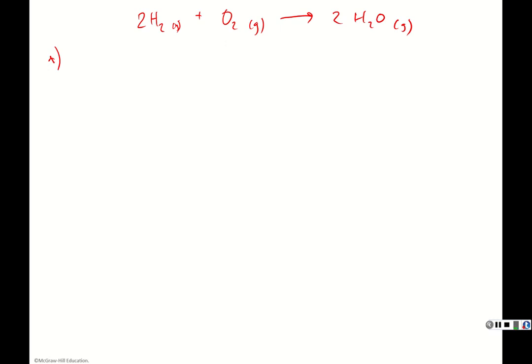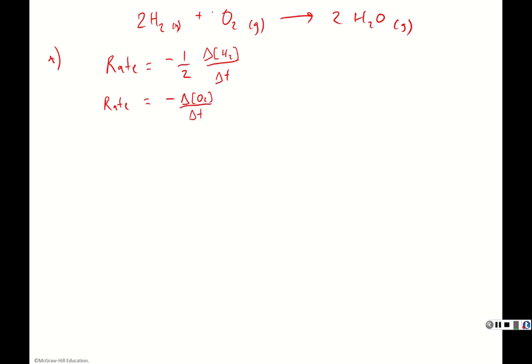So the rate for H2 can be written as minus 1/2 times delta H2 over delta T. You can write that rate for oxygen as minus delta O2 over delta T, right?